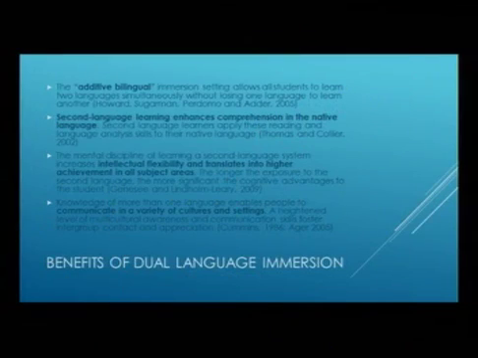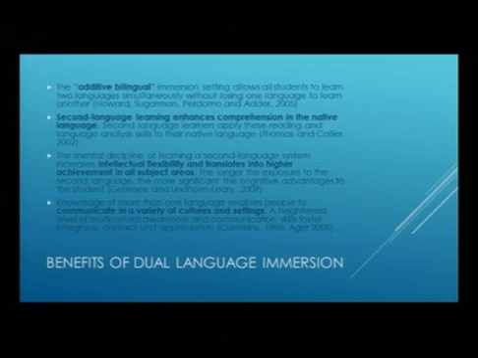The additive bilingual immersion setting allows all students to learn two languages simultaneously without losing one language in order to learn another, which is something that we see happen in our schools with the English-only immersion model. Students that are immersed into English are beginning to lose their native Spanish, and that starts to affect their connections with their families as they go forward.